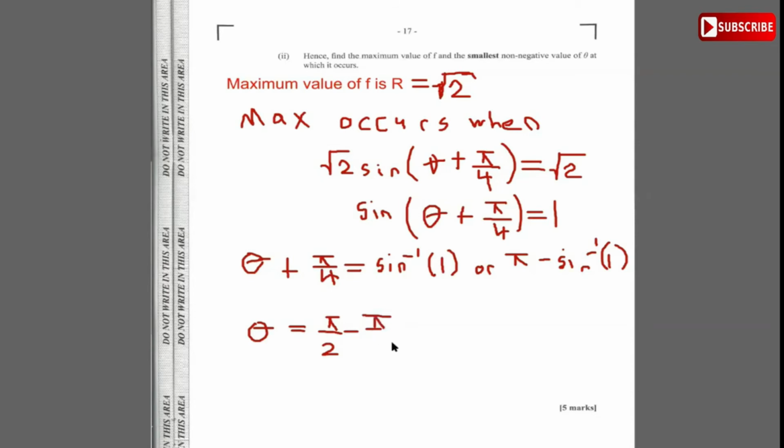And so theta is just pi by 4. We don't even need to check the other one. Theta is just pi by 4, because it won't be smaller than pi by 4. This is for the angle in the second quadrant, so you don't even need to look at it. Let's just erase the or part. Theta is pi by 4.